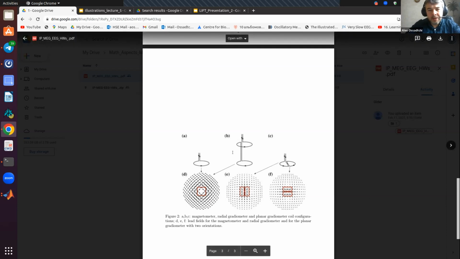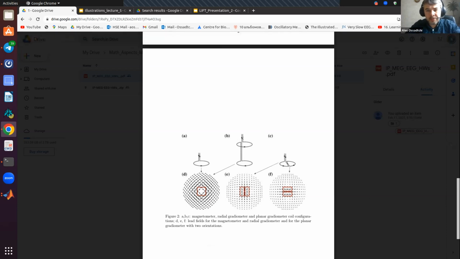Okay, then in the second case, I will ask you to calculate the thing which would be measured by the gradientometer or gradiometer configuration. So this is where one coil is wound in one direction and the other coil is wound in the opposite direction, and apparently the currents will be directed in the opposite sides, right? And then they will sum up or subtract one from another, and then you in fact will be measuring the difference between the field in the center of this coil, like some approximation, and the field measured by this coil.